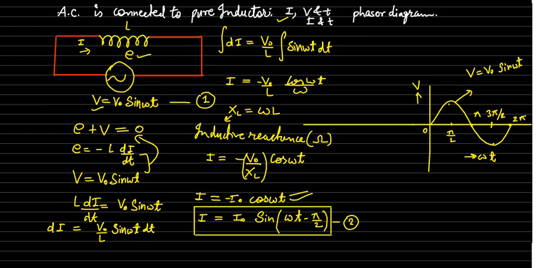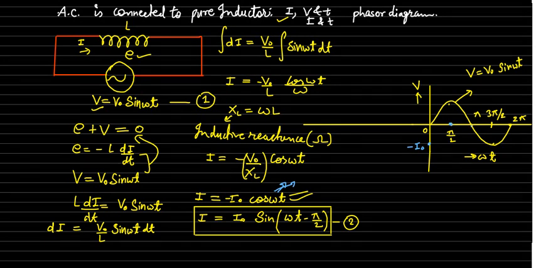See here, if omega t is 0, cos 0 will be 1, and 1 into minus I naught gives the negative value, so here it is minus I naught. Then at pi by 2, cos pi by 2 is 0, and 0 into minus I naught will be 0. So at pi by 2 we get 0 value.